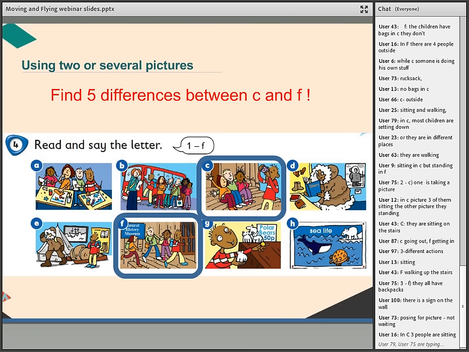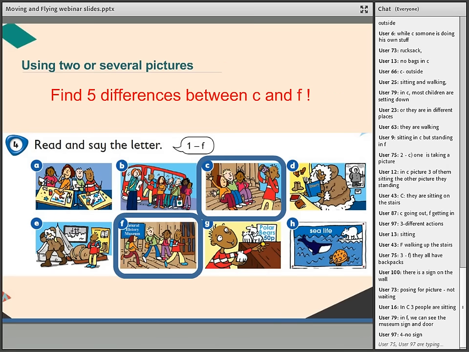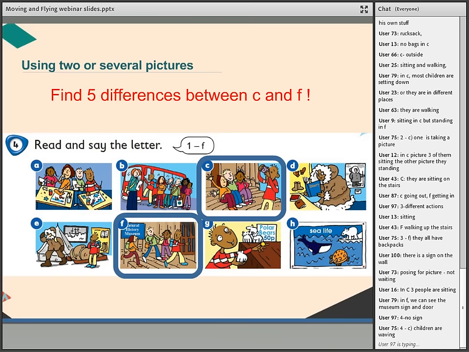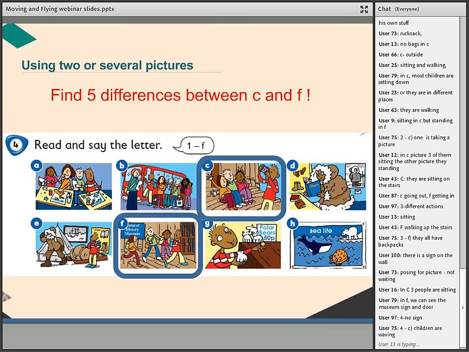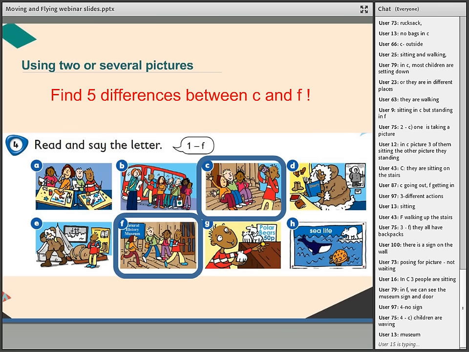Okay, we can't see the name of the museum in picture C. Okay, so again, you can have a variety of answers, a variety of suggestions, and the idea is to make it a competition, to give it an element of fun. Okay, but these pictures are in this pupil's book, in this case, as a picture story, but we can use them to practice the tasks in the flyers and movers speaking tests.